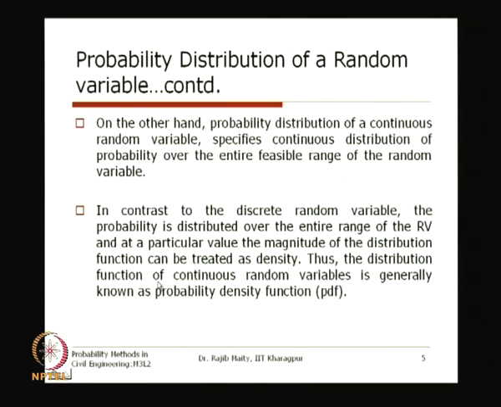Thus, the distribution function is known as the probability density function. This will be more clear when we talk about one of the axioms that we have seen in the earlier classes, that the total probability should obviously be equal to 1. This will be clear in a minute. So here what we are trying to say is why this word density.